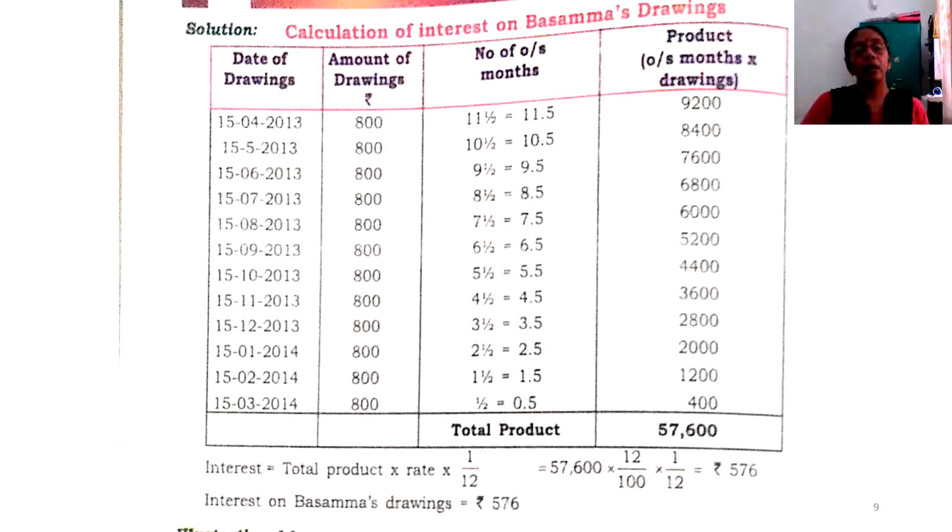So, when the partner has withdrawn for the first time on 15th of April, half a month period Basamma has not withdrawn anything. The rest half a month will be outstanding. So, in the month of April, half the month will be the outstanding period. And then as you finish April, May, June, July, August, September onwards until March would be a period of 11. So 11.5 months is your outstanding period. Hope you understood this narration.